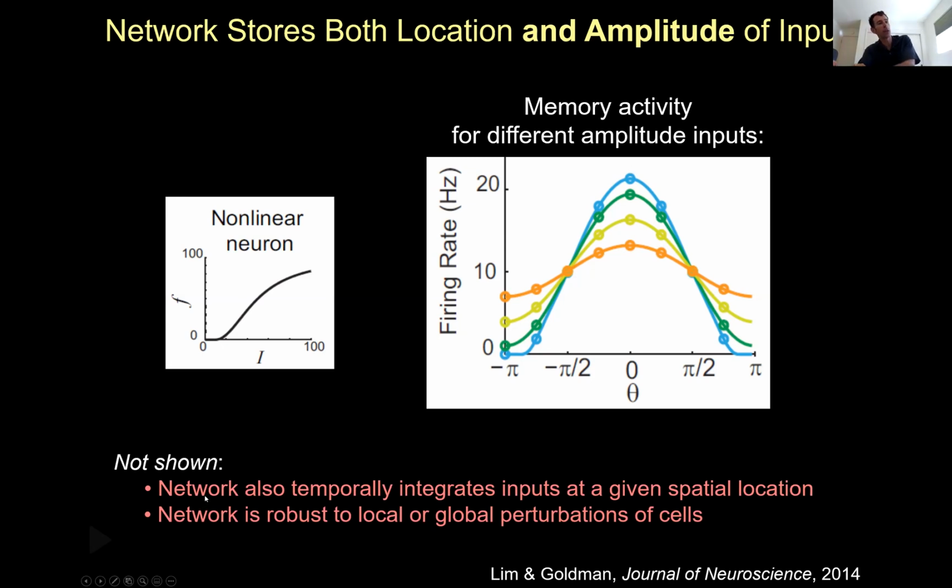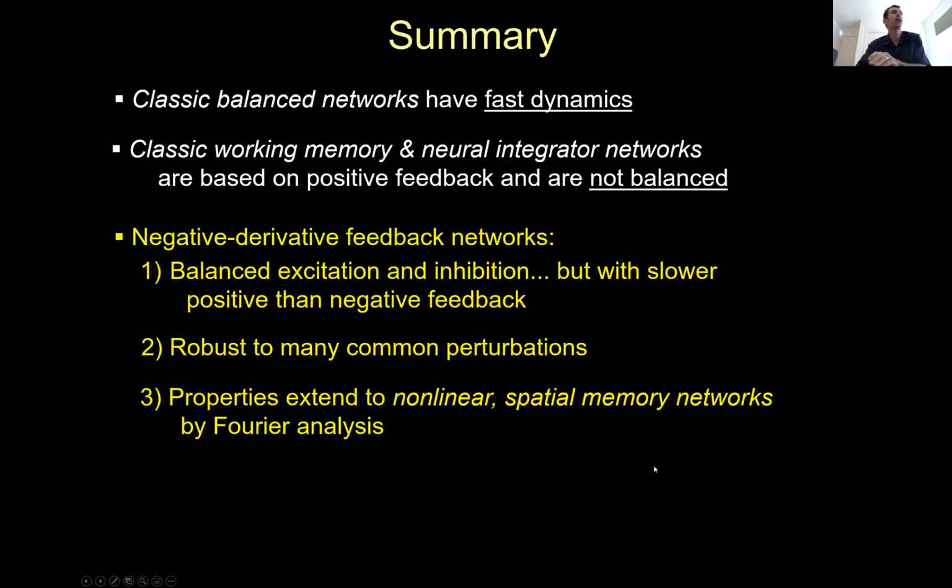What I'm not showing you, for the sake of time, is that the network will also temporally integrate inputs of a given spatial location. It's also robust to either local or global perturbations of cells, in a way analogous to the network I showed you earlier. To summarize, classic balanced networks have fast dynamics, and classic working memory and neural integrator networks are based on positive feedback and are not balanced.